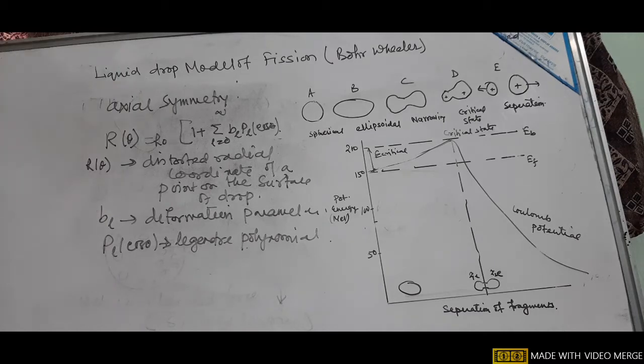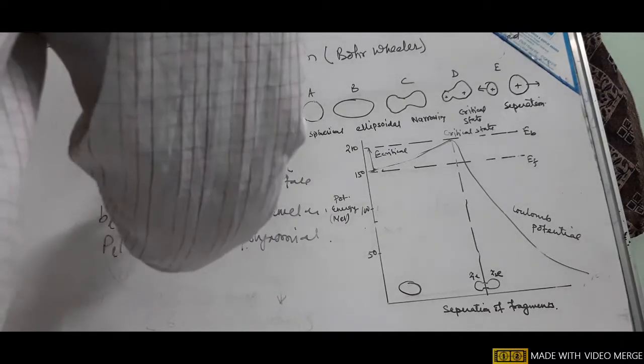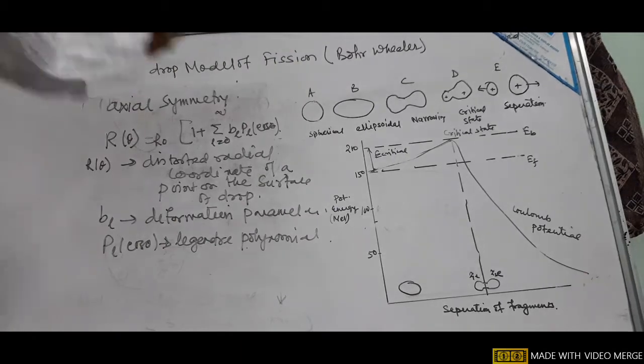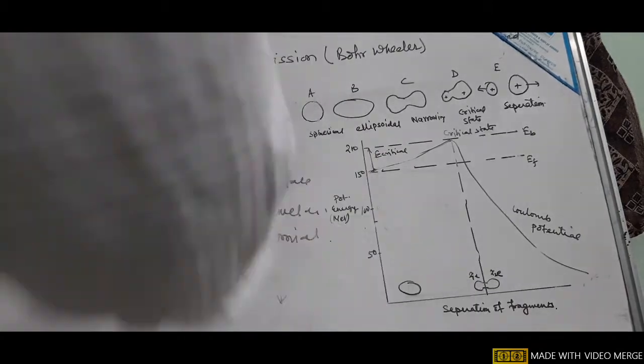So the distorted radial coordinate of a point on the surface of the drop is expressed in terms of r0, the undisturbed radius, times 1 plus BL PL cos theta.